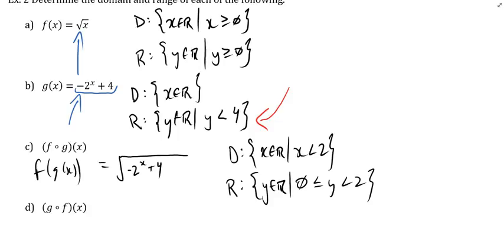What happens when I put in 3? I get 2 to the 3, which is 8. Negative 8 plus 4 is negative. So I can't take the square root of a negative, so that doesn't make any sense.